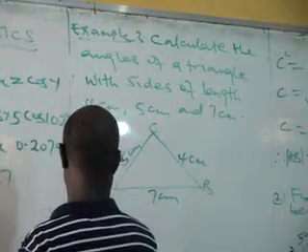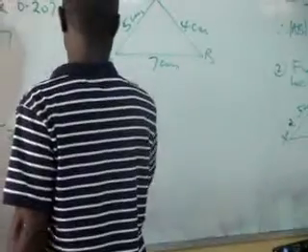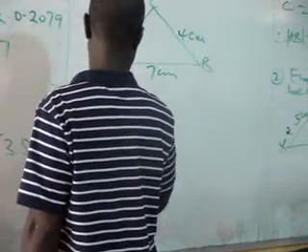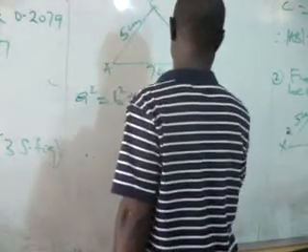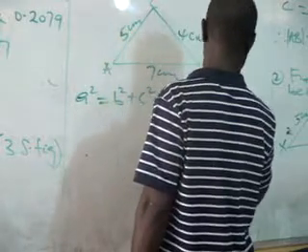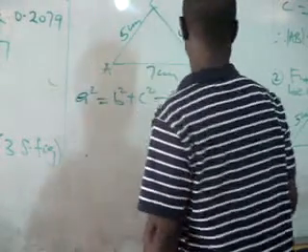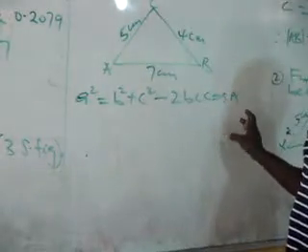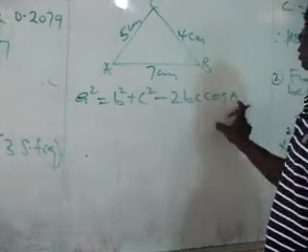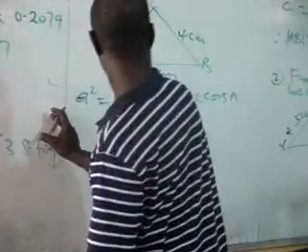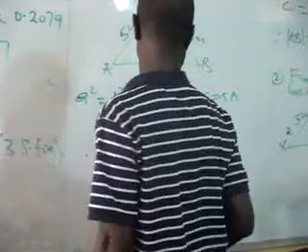Now, from our formula the other time, a squared is b squared plus c squared minus 2bc cos A. We are going to make cos A the subject of the formula, and if we are doing that, let's bring all these ones to this side.